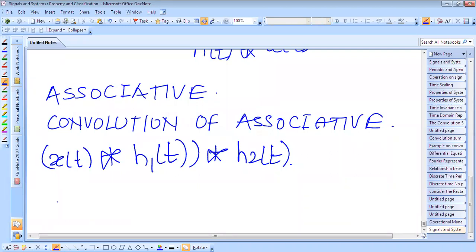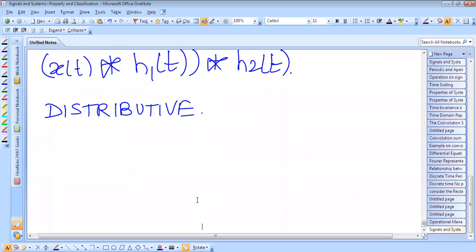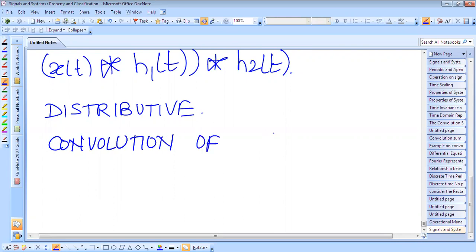Third is the distributive property. Convolution is distributive.